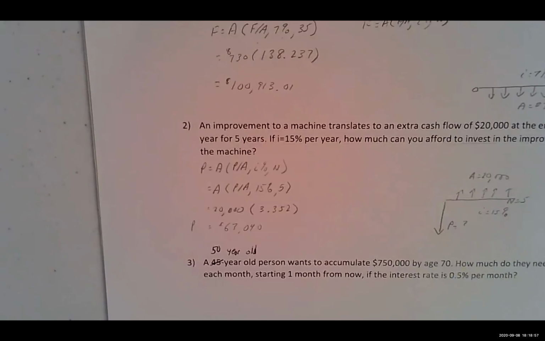I'm going to make this investment up front, but I will have earned back that money because of the improvement within 5 years. And then every year after the 5 years, I'm just going to make an extra $20,000. I'm just going to keep getting that extra cash flow, but I've already paid off my investment. Those are the types of decisions we use as an engineer to say which option is the best.